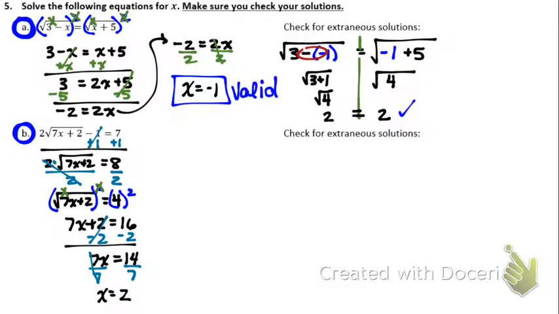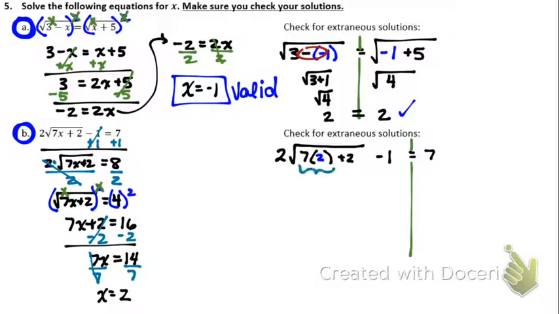And then we got to check it. So the square root of 7 times 2. I'm going to put 2 in the place of x. Plus 2, and then minus 1 equals 7. I'm not touching that right side at all. So what can I do?